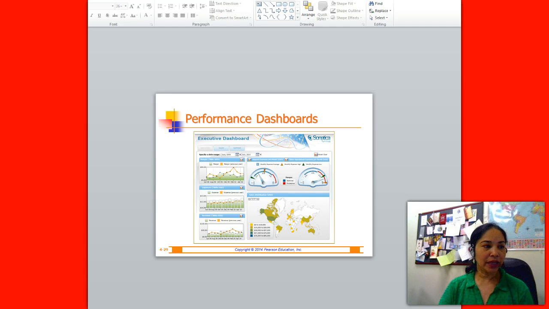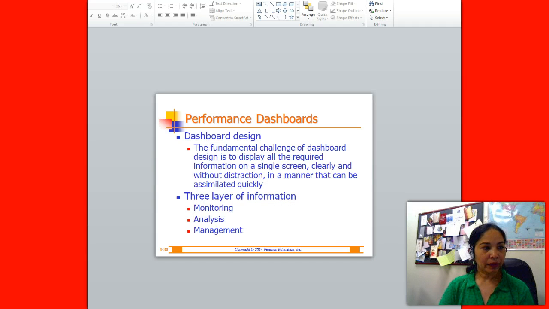You can look at an executive dashboard here. And the fundamental challenge of dashboard design is to display all the required information on a single screen clearly and without distraction in a manner that can be assimilated quickly.